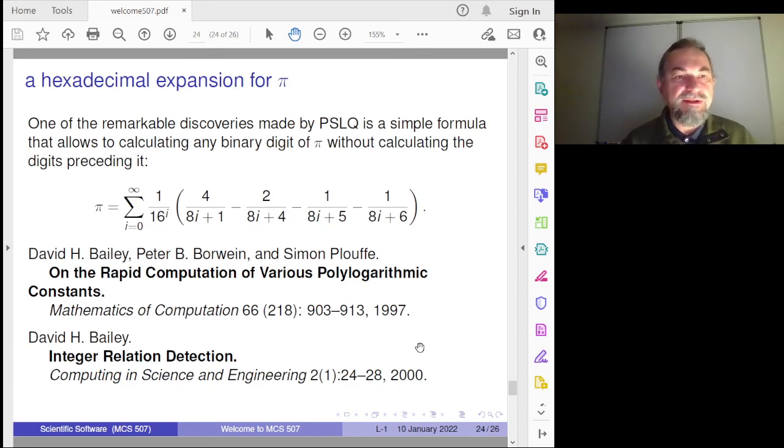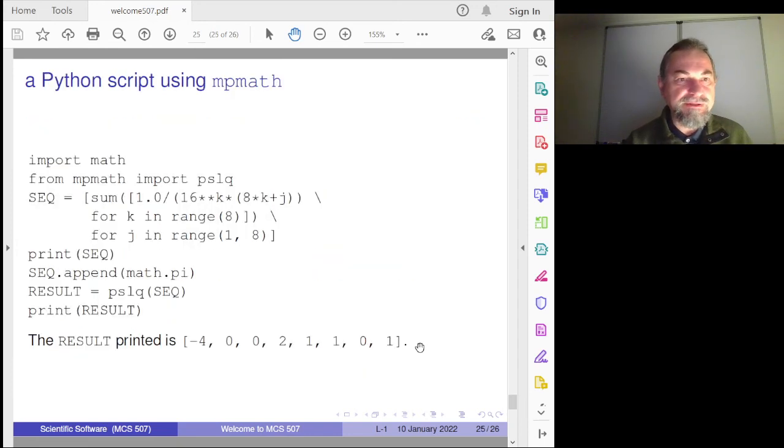You see here the formula, and since I have been rambling on the slide for a while, you may have memorized by now the coefficients 4, -2, -1, and -1. We can recompute these coefficients.